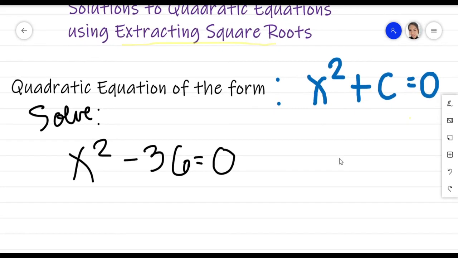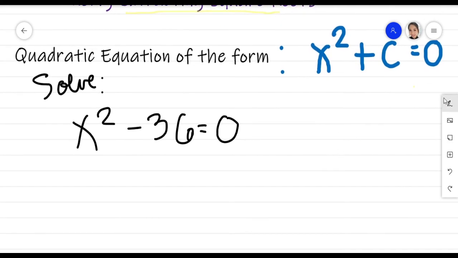Okay, so this is our first example. Now, to solve this quadratic equation, observe that it has no linear term. So we can find the solution for this quadratic equation easily by using extracting square roots.